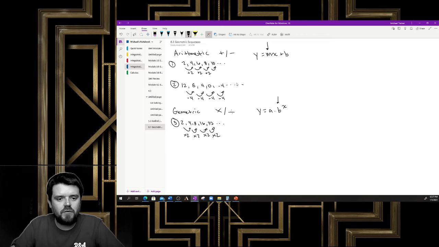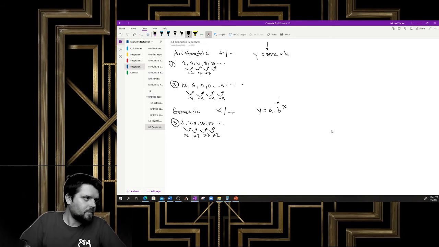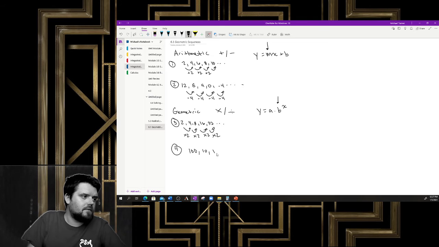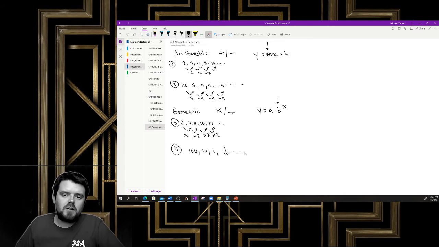So you do need to specify what the operation is so we can identify what type of sequence it is. And then similarly with geometric sequences, we could also have a repeated pattern of division. So let's say I have 100, 10, 1, 1/10, etc. Sometimes you'll be given more than 2 terms.